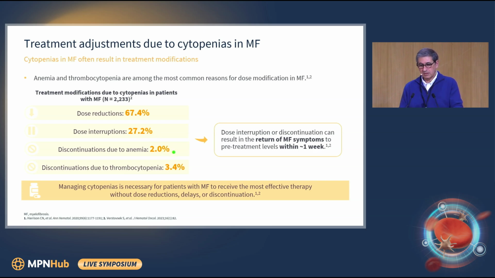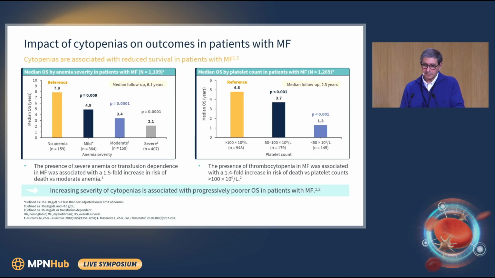Rarely is there discontinuation of the drug due to anemia or thrombocytopenia, because either we propose transfusion, or we are not afraid sometimes to go very low in the platelet count of our patients. But still, we may lose the efficacy of our treatments if we have too much dose reduction or dose interruptions during the course of their disease.